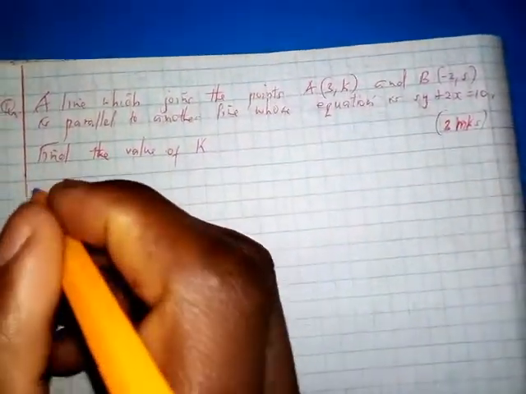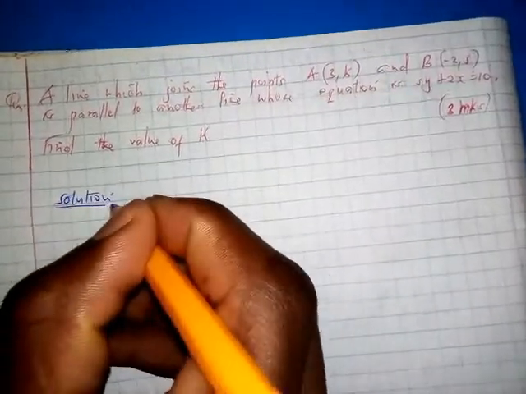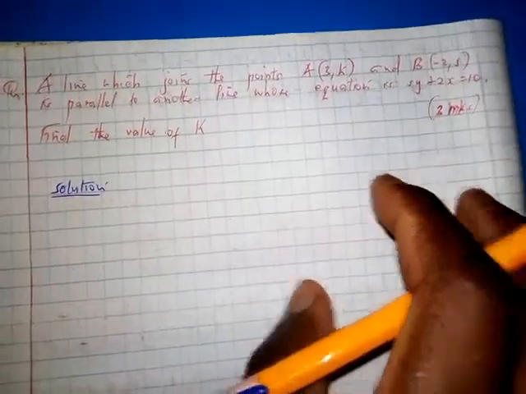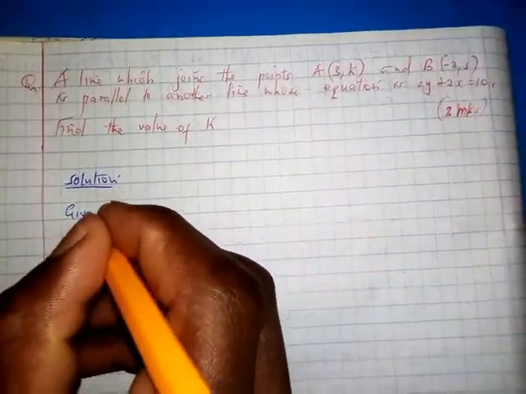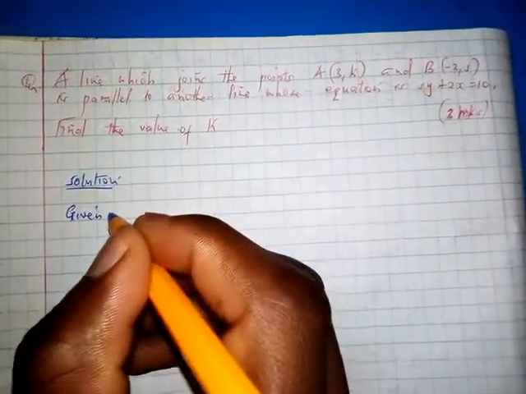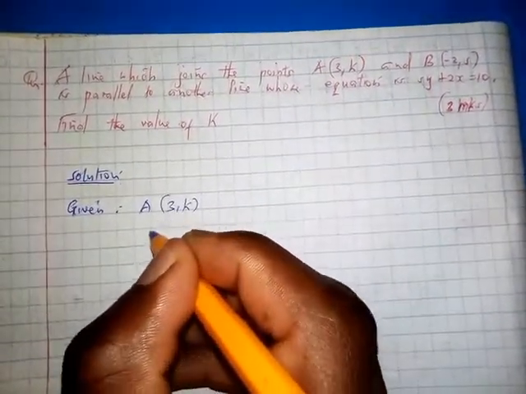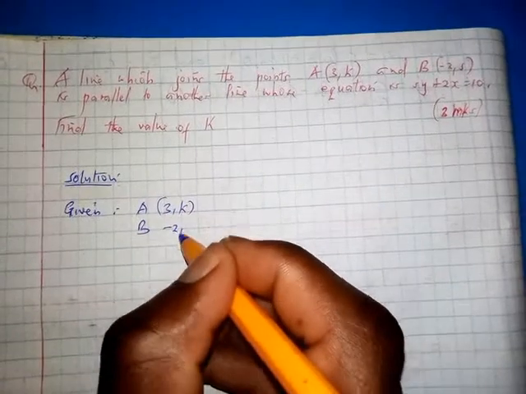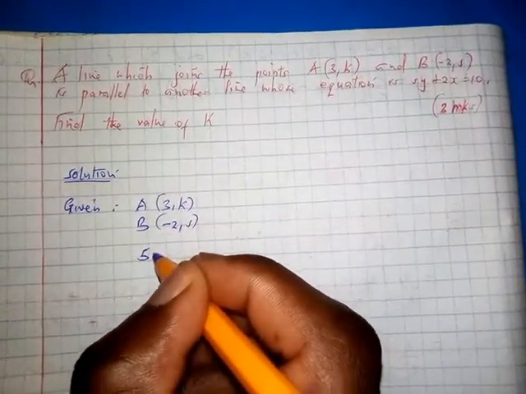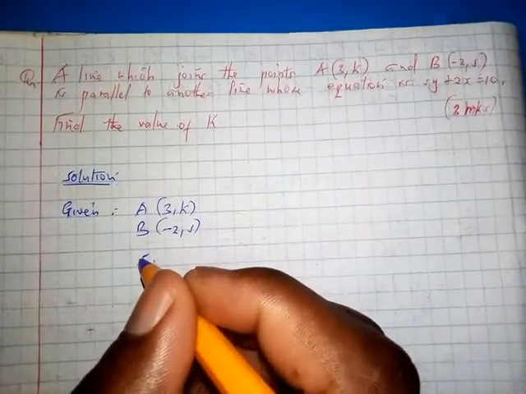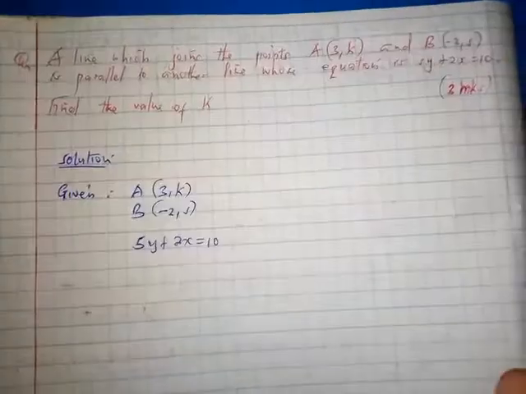Solution. So we have been given A as 3, k, B -2, 5, and then the equation 5y plus 2x is equals to 10.